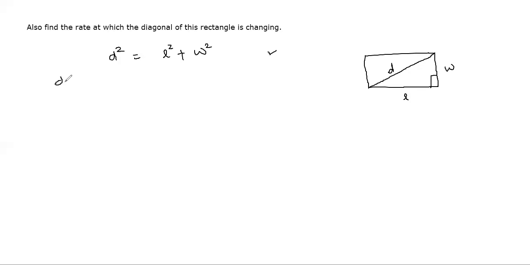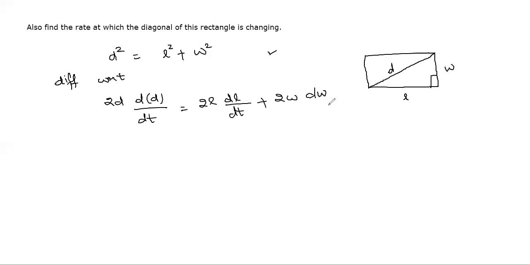Now differentiating this with respect to t will give me 2d times d of diagonal by dt equals 2L dl by dt plus 2W dw by dt.